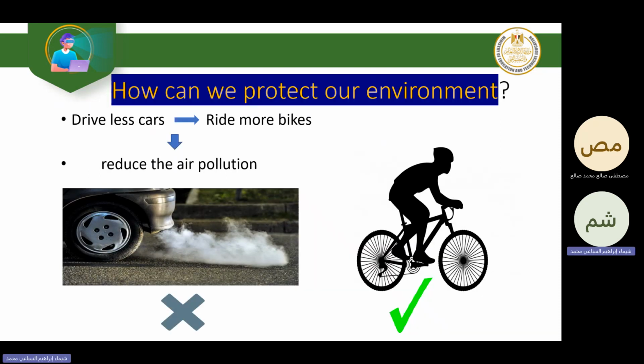The last thing here is to drive less cars because cars, of course, are giving out more fumes and smoke. So we should drive less cars and instead we should ride more bikes. Okay, so we have to reduce the air pollution by driving less cars and riding more bikes.